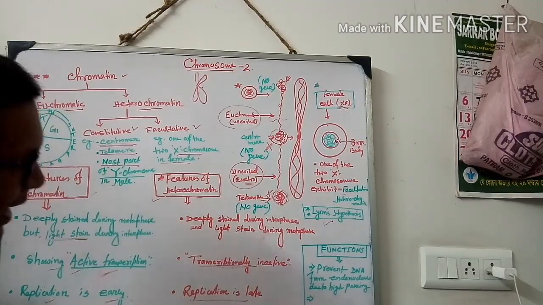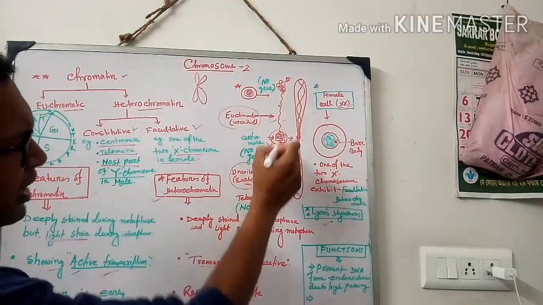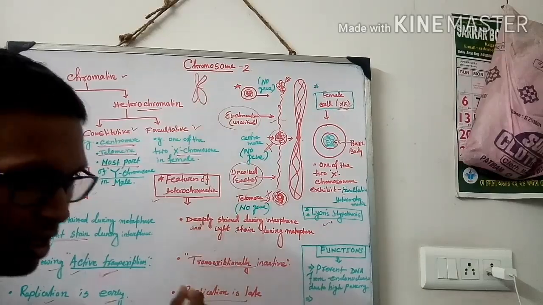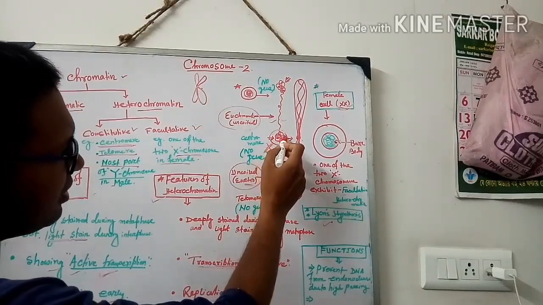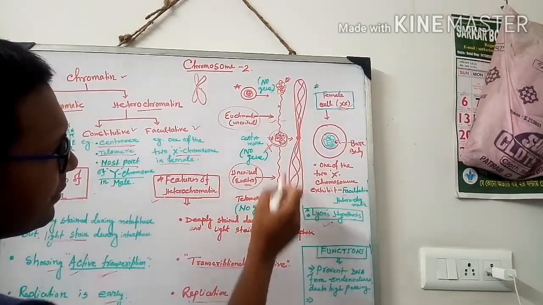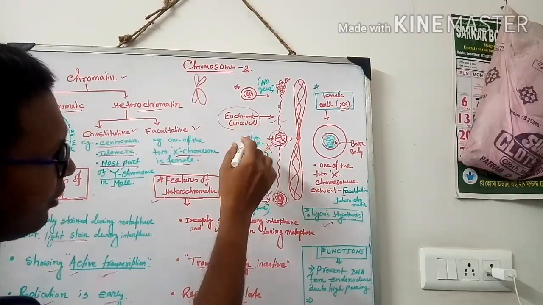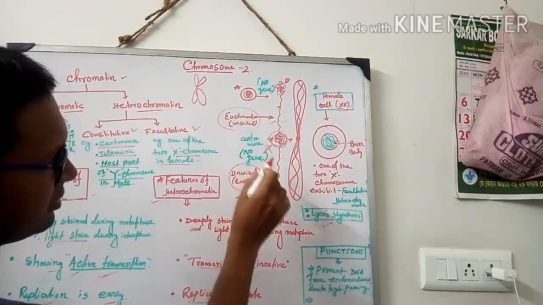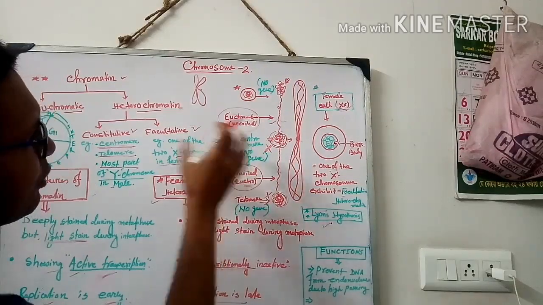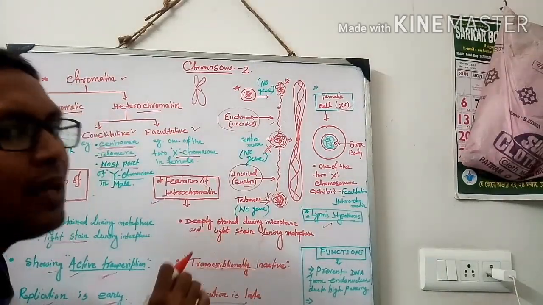One important thing is that these parts of the chromosome remain in an uncoiled condition, while the heterochromatic regions remain in a coiled condition, but they uncoil only during DNA replication.